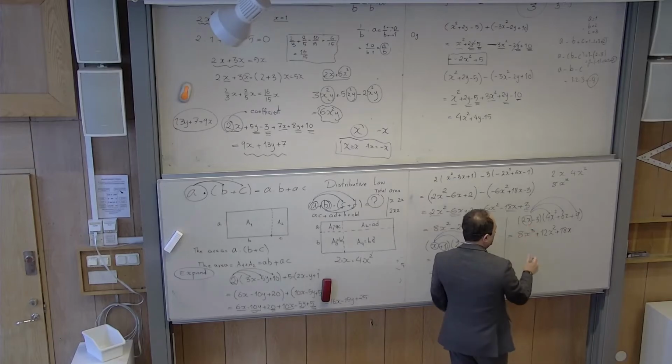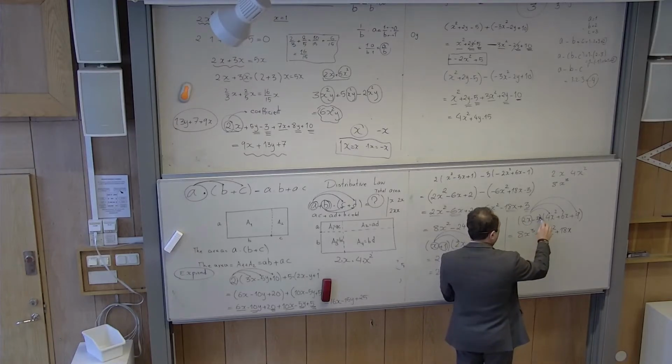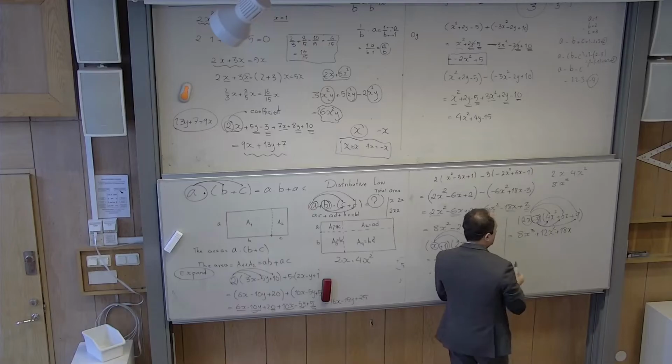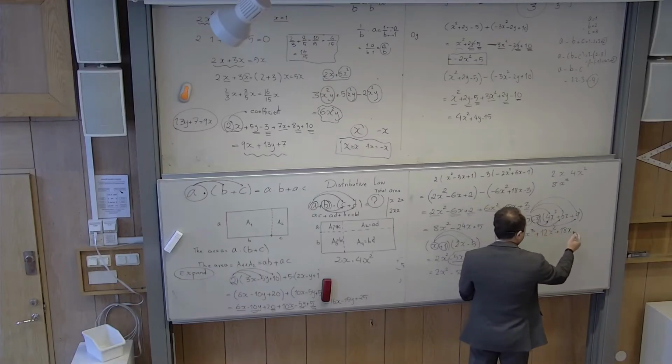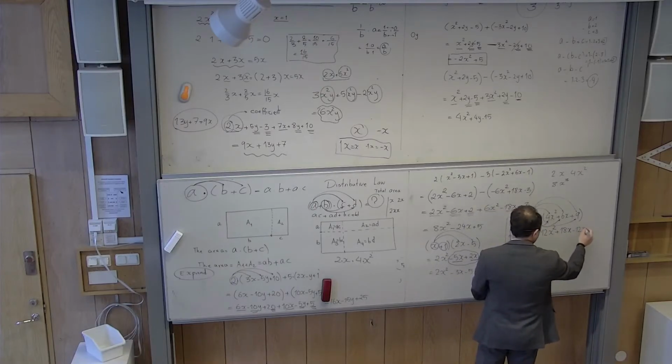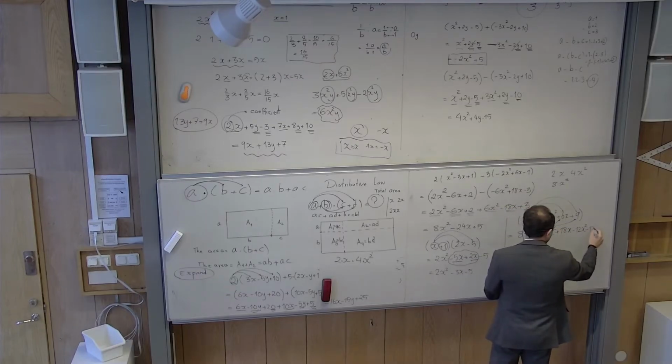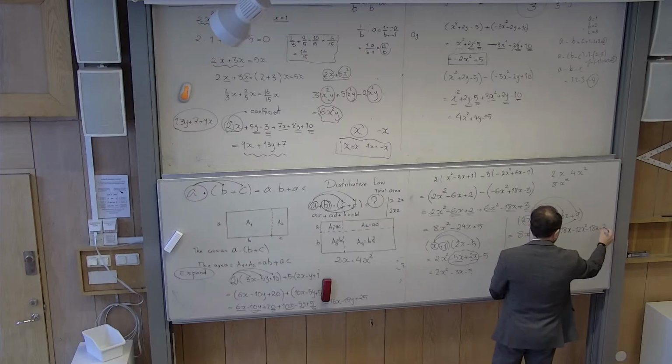And then when it is finished, I return again, take another term with its sign, and multiply it here, here, and finally there. So what's the answer? Minus 3 times this is minus 12x squared, minus 18x, minus 27.